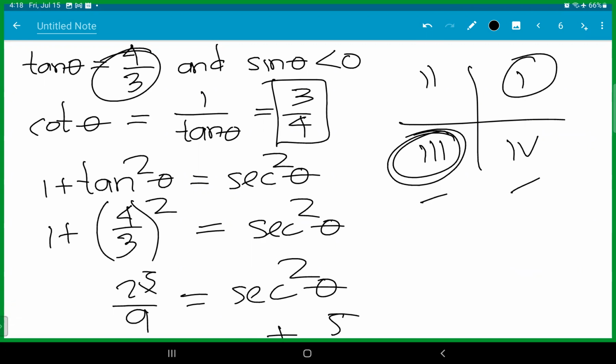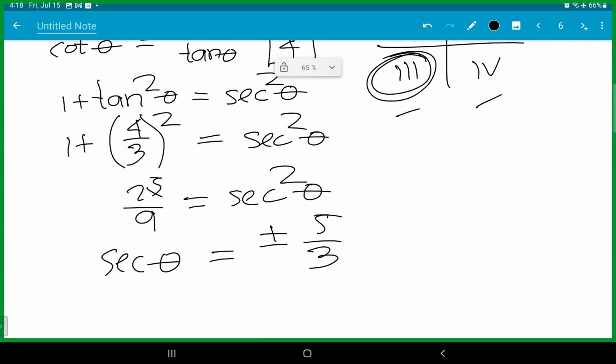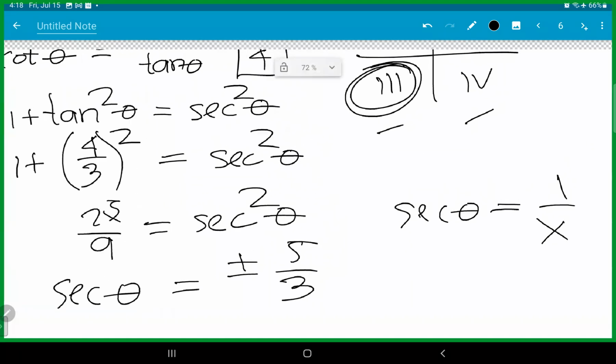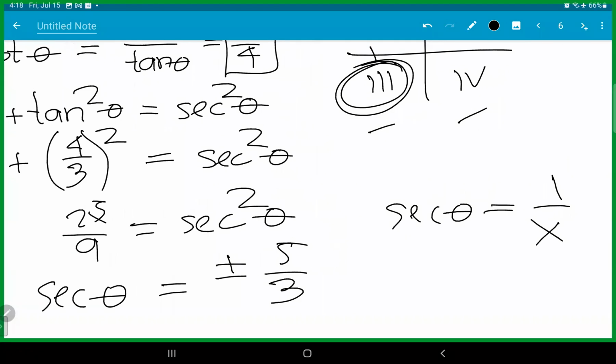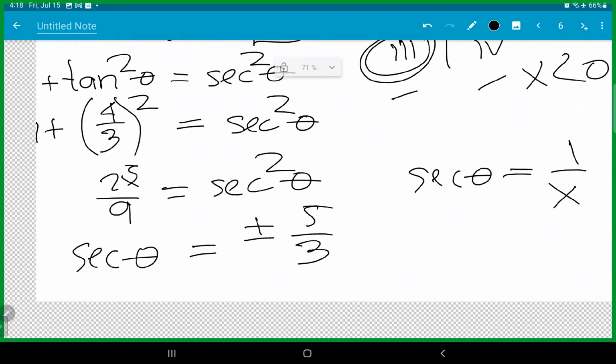So theta is in the third quadrant and secant theta is the reciprocal of cosine. So ito yung 1 over x. Now, if it's in the third quadrant, the x-coordinate is negative. Di ba? Nasa third quadrant siya. So secant must also be negative.